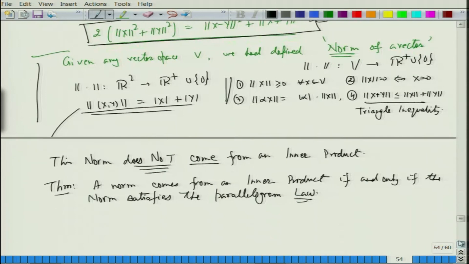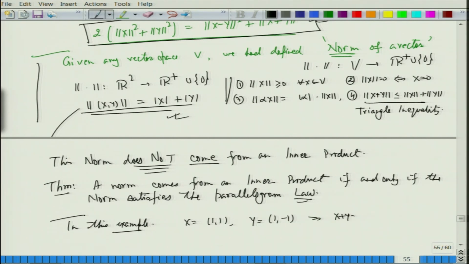So let's take an example and see why it fails in the example that I have taken here. All right. Take x as the vector (1, 1) and y as (1, -1). This implies that x plus y is (2, 0) and x minus y is (0, -2).